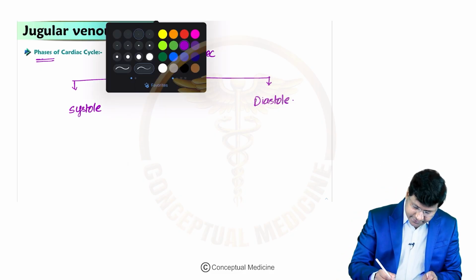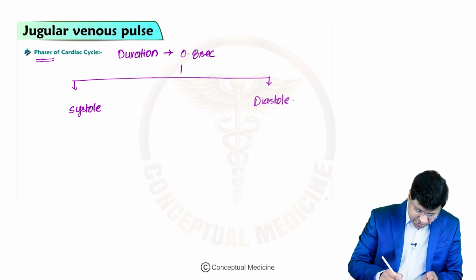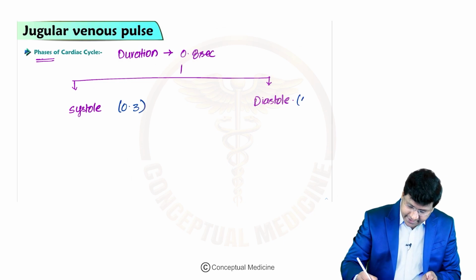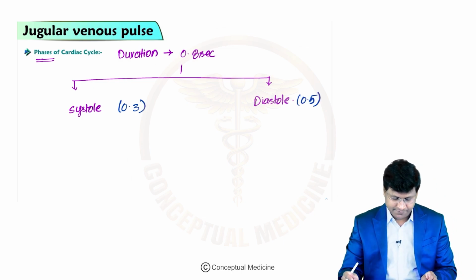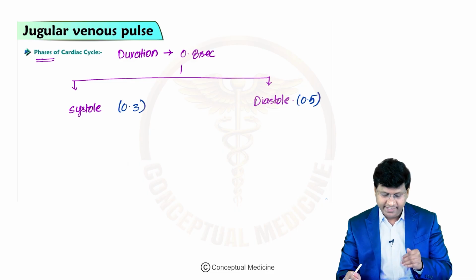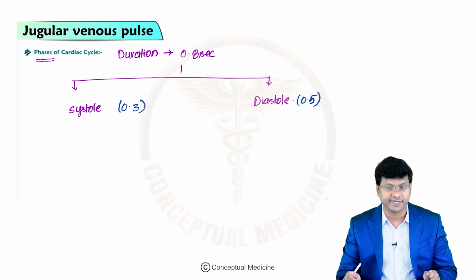Systole is around 0.3 seconds and diastole is around 0.5 seconds.